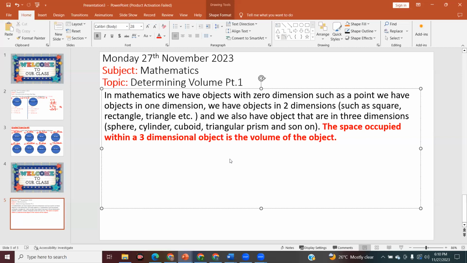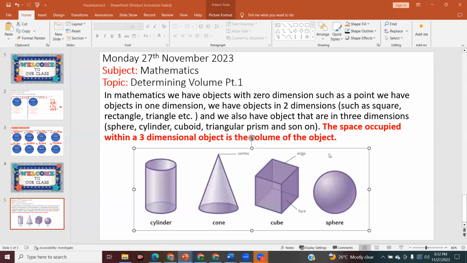Let me put it in the slide. These are what we call 3-dimensional objects. So what do I have here? I have a cylinder, a cone, a cube, and a sphere.